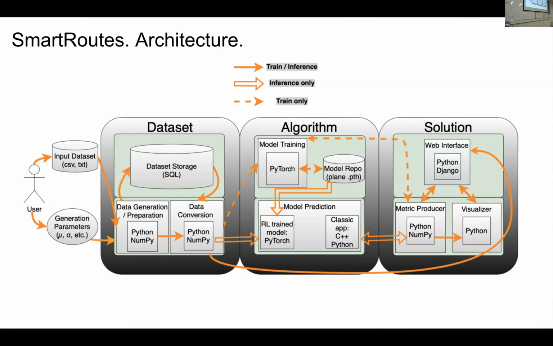Okay, but within your architecture, you presume that you would like to test only machine learning algorithms. For instance, in our previous talk, we heard about a genetic algorithm. Is it possible to insert algorithms that are not based on machine learning and compare the results with the machine learning algorithms?